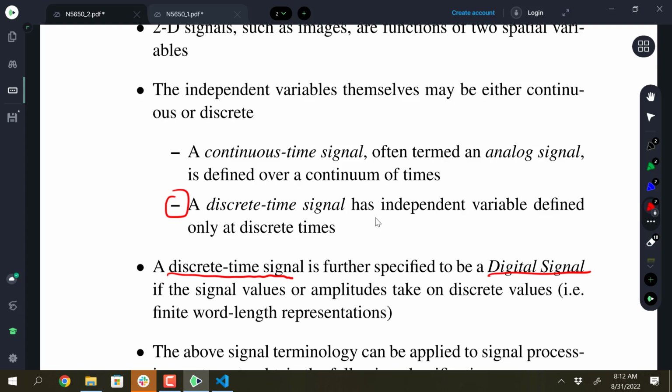Discrete time signal processing is just putting an integer axis and putting sample values on the integer axis. What are those values? In the book, mostly, those discrete values are real numbers or complex numbers with infinite precision. When it's a digital signal, though, like stored on a computer, then it has a finite number of amplitude values, so it has a finite word length representation.